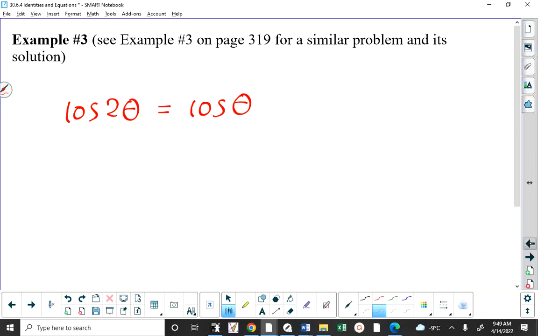Go to your formula sheet. You have 3 identities for cos of 2 theta. And I want you to find out which of the 3 identities we should use to remove cos of 2 theta. Cos of 2 theta is equal to 3 different things, which are all identical but written differently.